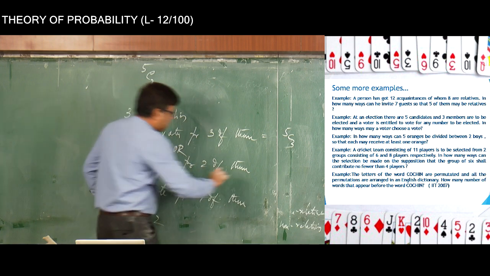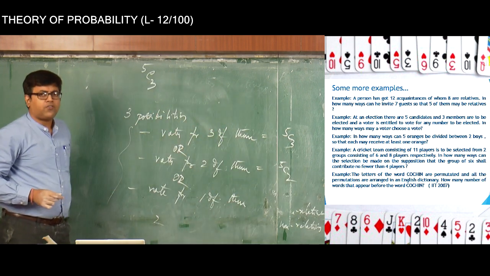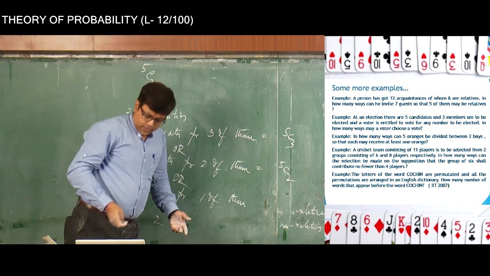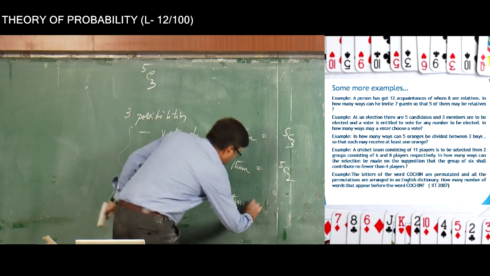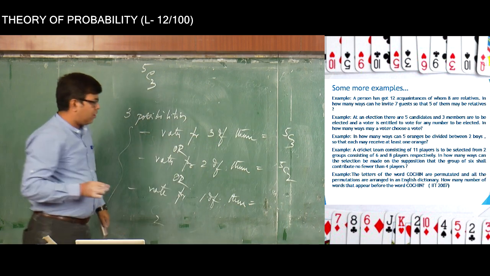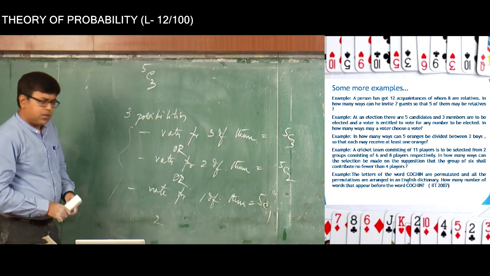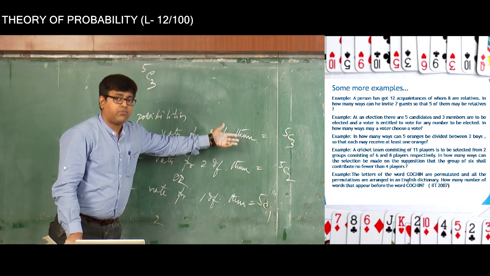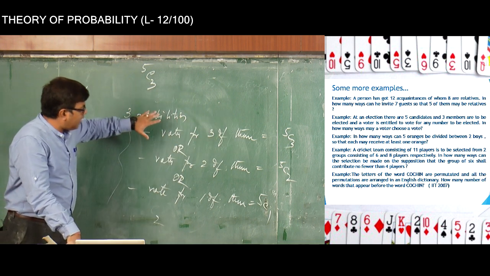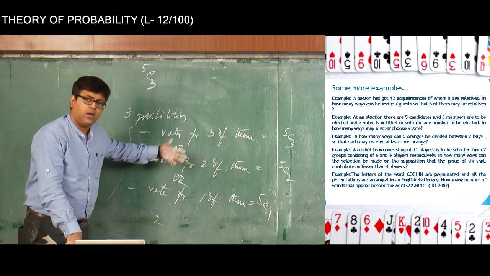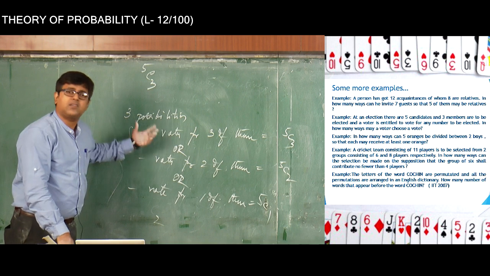Now by the same logic, the number of ways he can vote for 2 of them is 5C2, right? And the number of ways of voting for 1 of them will be 5C1, right? Because he cannot vote for more than 3, because there are 3 members to be elected. So either this or this or this will be applied, because all 3 cannot occur simultaneously, or any 2 cannot occur simultaneously.